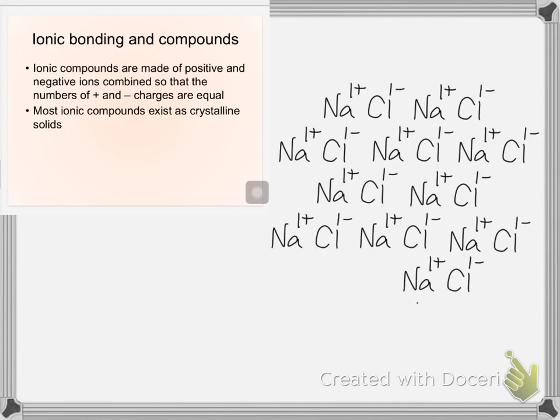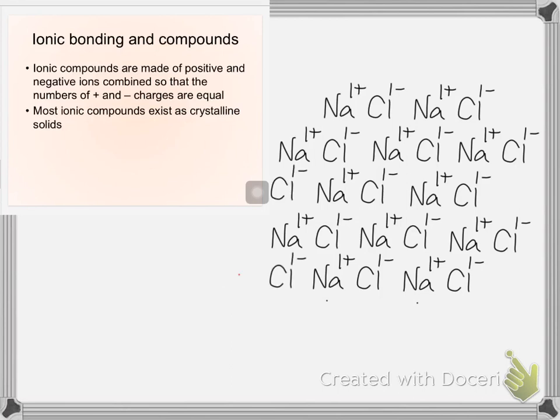And then we get these forces of attraction running in all directions through the material. Now, the cool part is that gives them some very special characteristics. And let's paste a few more of those. If you're drawing this on paper, you'll have to repeat it again and again.